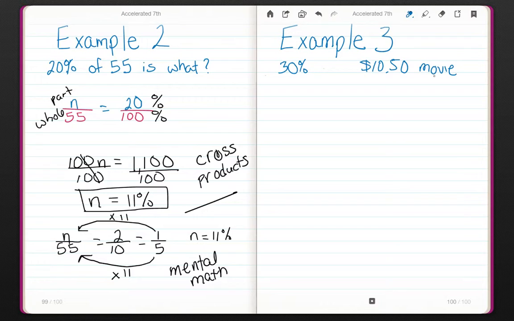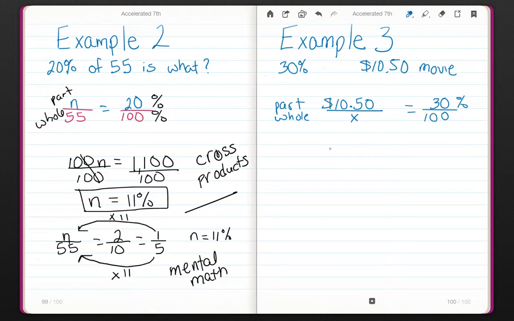So this is part 3, okay, or key concept 3. I know one part. That part is $10.50. It's how much I'm going to spend on my movie. I know that that is 30% of my budget. Percent is always out of 100. What I don't know is my whole. How much money is that?